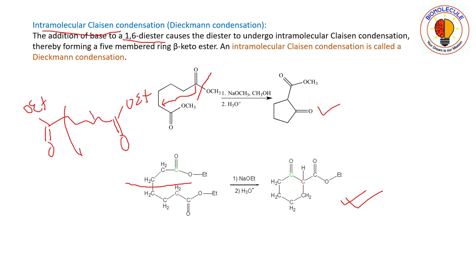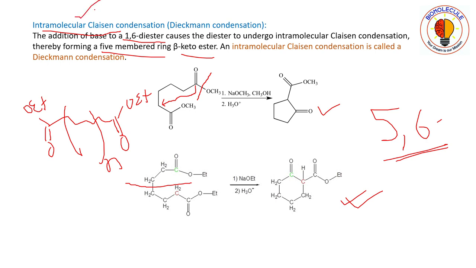Here the chain length can be anything, but you need to form a 5-membered or 6-membered beta keto ester ring, because 5-membered and 6-membered rings have the minimum ring strain, as discussed in the earlier class.